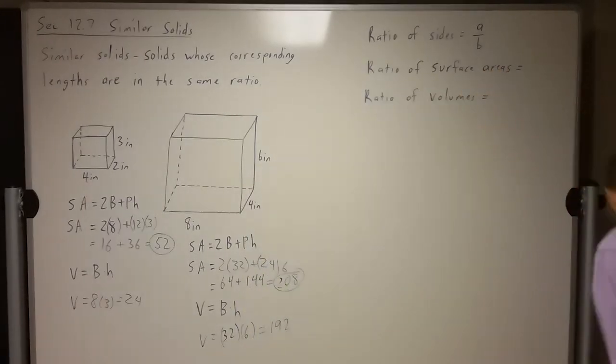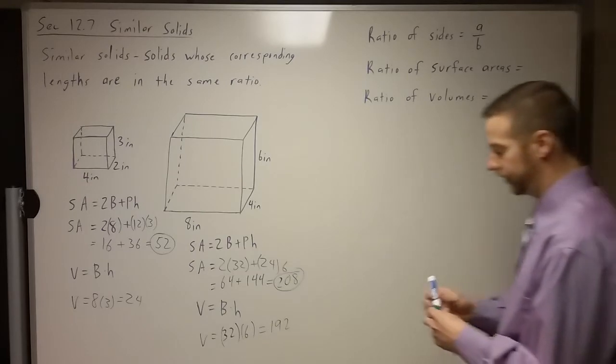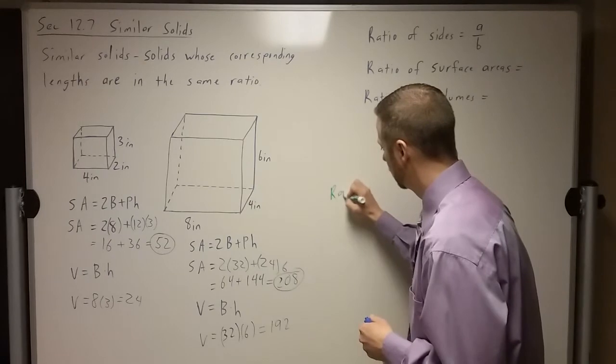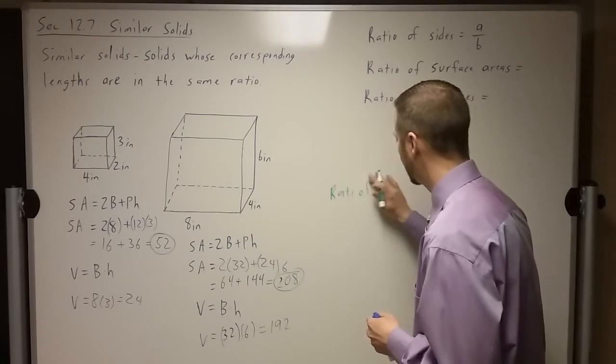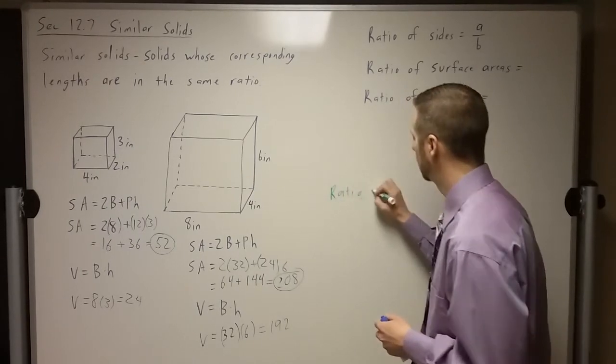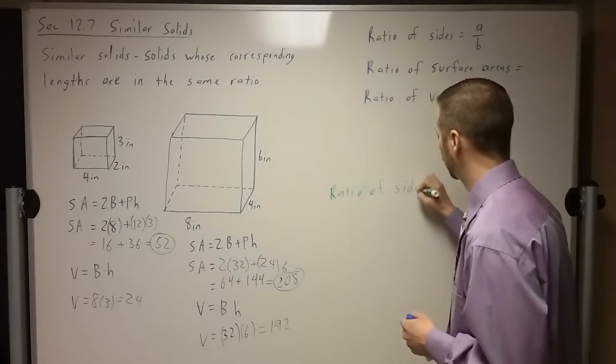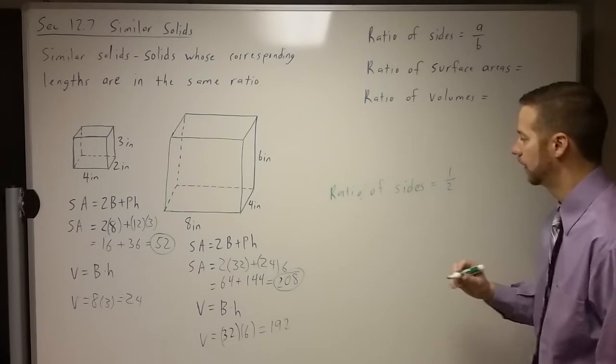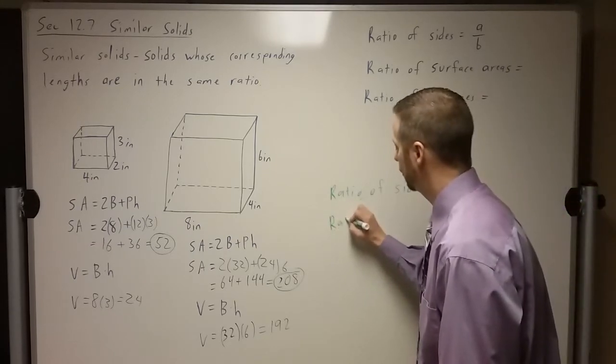All right, now let's make some fractions out of this and see what conclusions we can come to. The ratio of the sides we already said was 1 to 2. Let's talk about the ratio of surface areas.